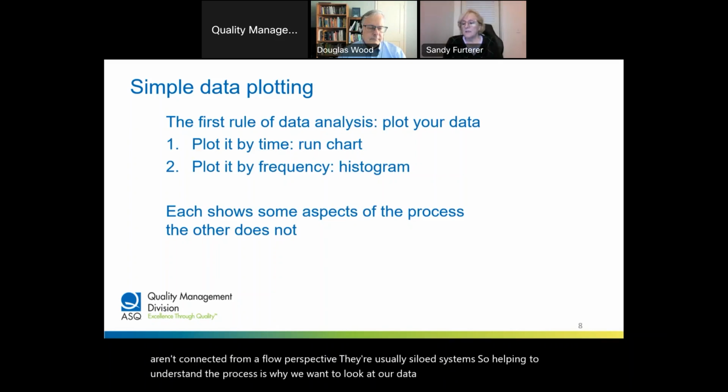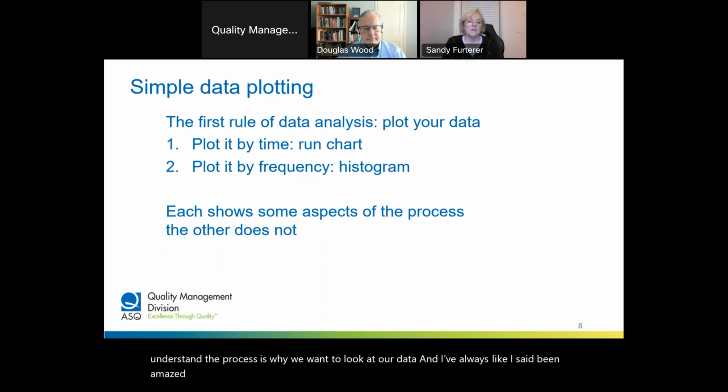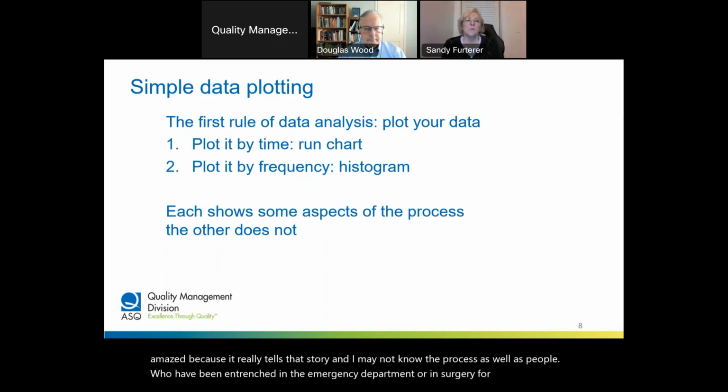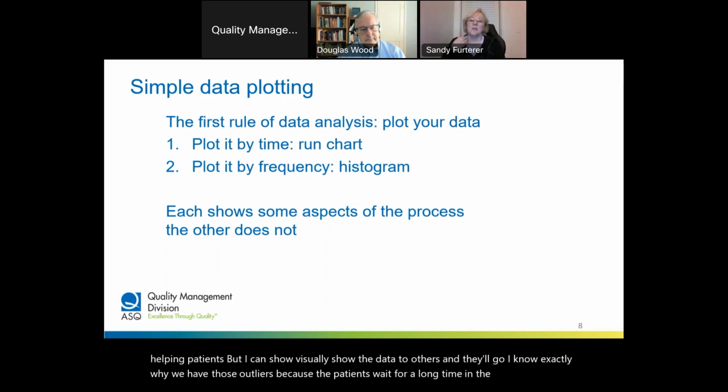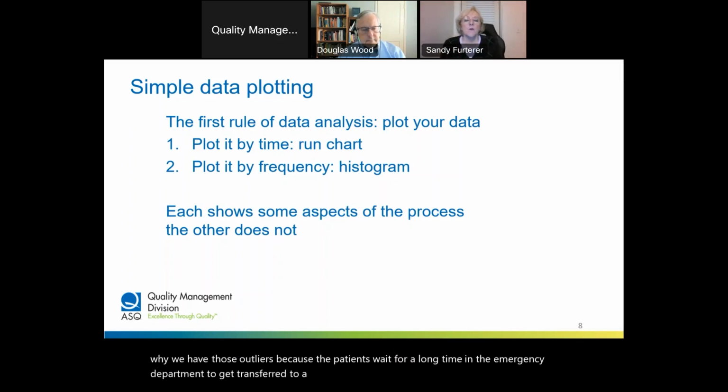And I've always, like I said, been amazed because it really tells that story. I may not know the process as well as people who have been entrenched in the emergency department or in surgery for many years helping patients, but I can visually show the data to others and they'll go, oh yeah, I know exactly why we have those outliers, because the patients wait for a long time in the emergency department to get transferred to a rehab facility, or maybe they're here a long time for observation for 24 hours or so, waiting on insurance or whatever it might be.